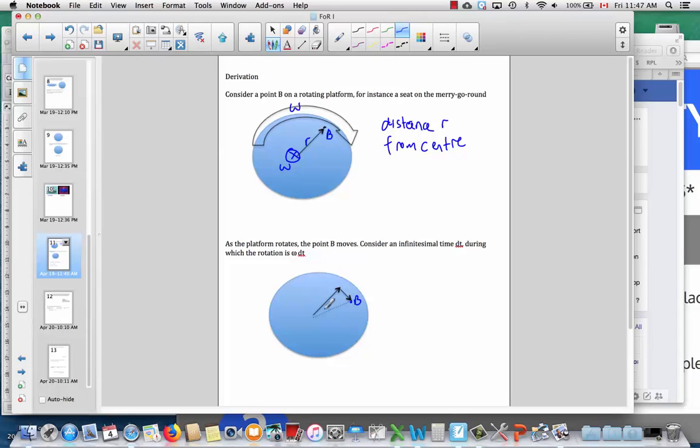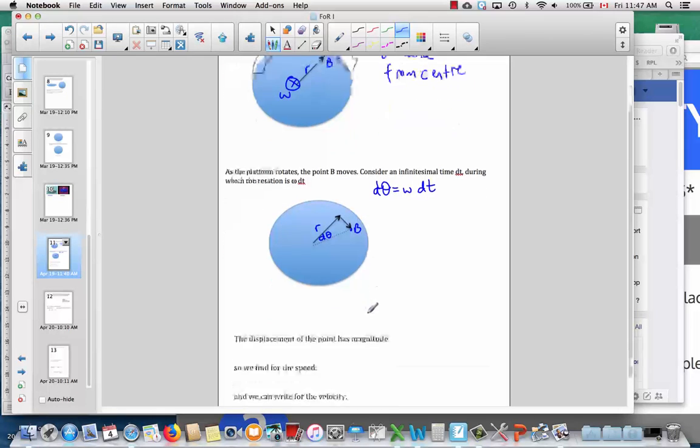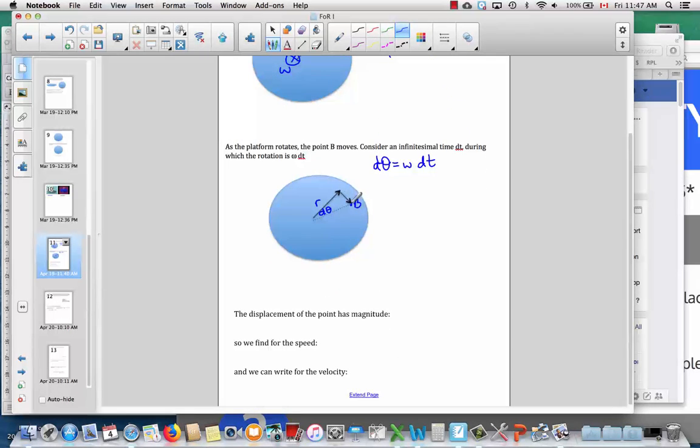Now, that means it will have traveled through an angle d theta, and it'll still be a distance r away from the center. That d theta, of course, will be omega dt, a little bit of angular displacement, it's the angular velocity times time. So how much did that point B move?